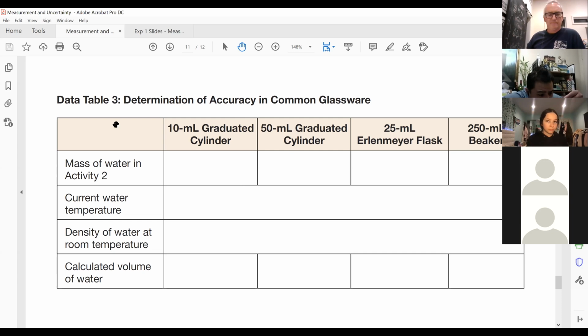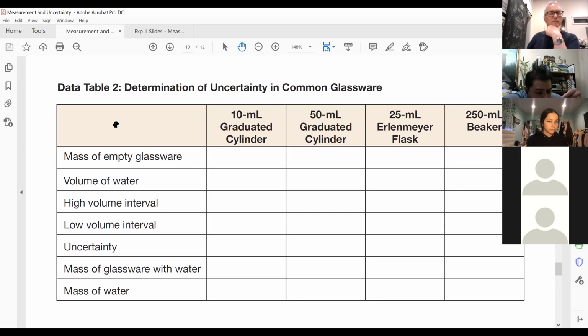Yeah. All right. And then for data table number 2, the last row, mass of water, are we subtracting the mass of empty glassware from the mass of glassware with water to get that? Right. Yep. Okay. And the volume is what you're estimating.